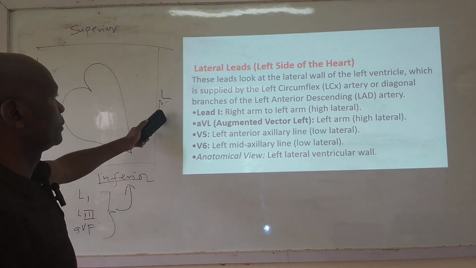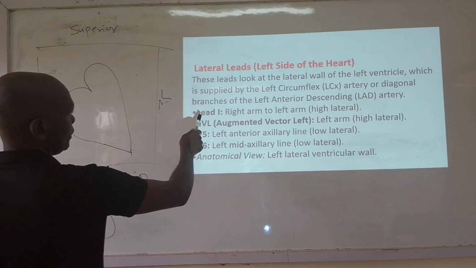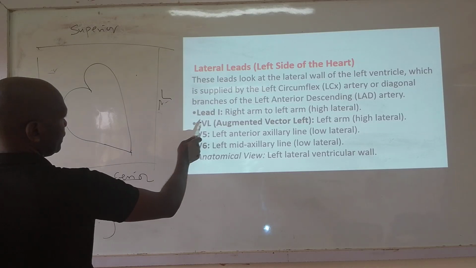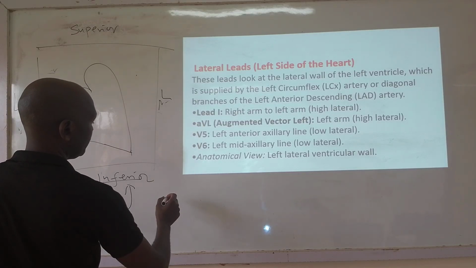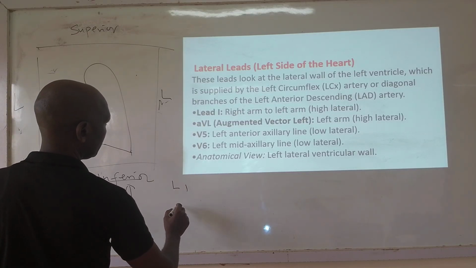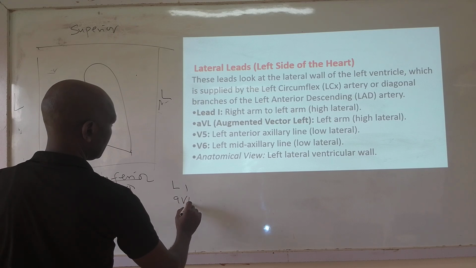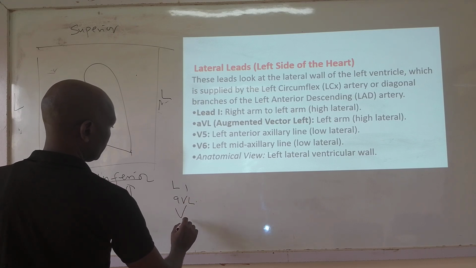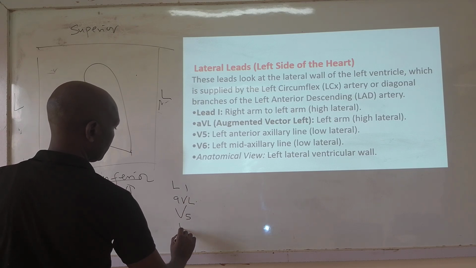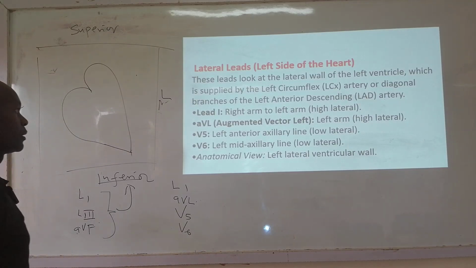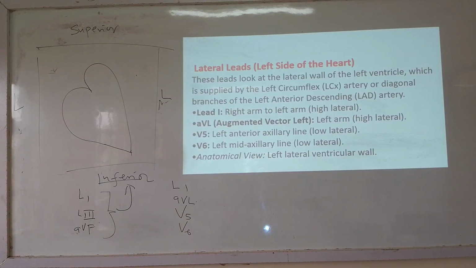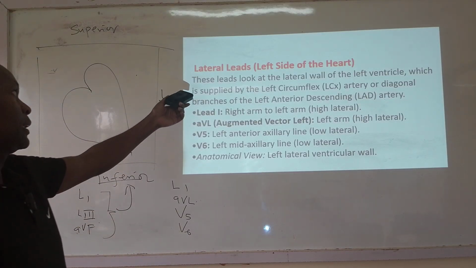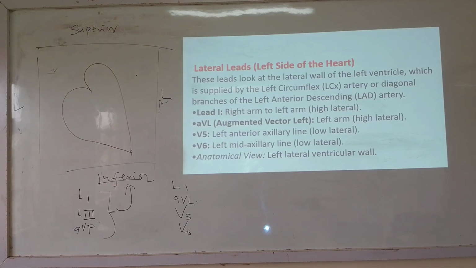Laterals, we have lead 1, aVL, V5, V6. So these leads look at the lateral wall of the left ventricle.